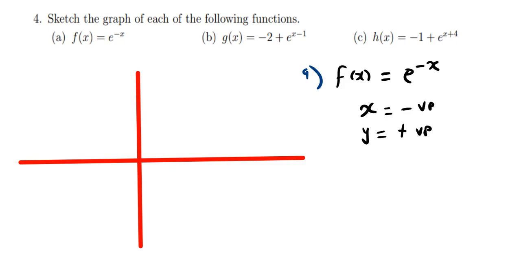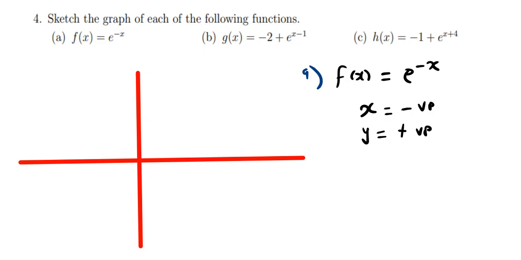So what do we now do? How is our graph going to go? Sketch the graph of each of the following functions: f of x equals e to the power negative x.